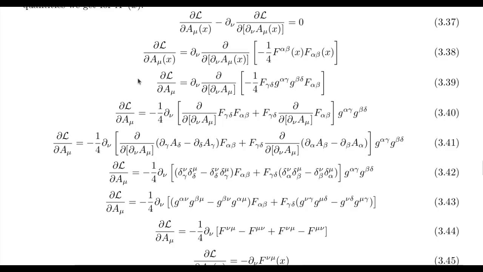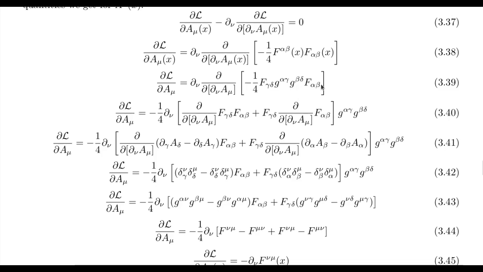Then in 340, we can factor out minus quarter, and we can also factor out the two G factors, because G is a Minkowski metric and this is constant here in the flat space, so we can factor out these two factors.